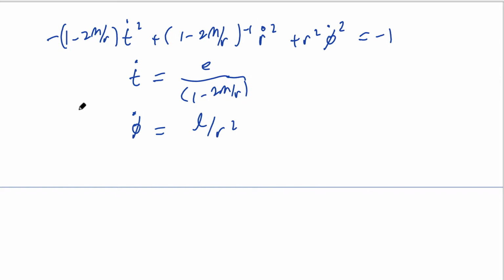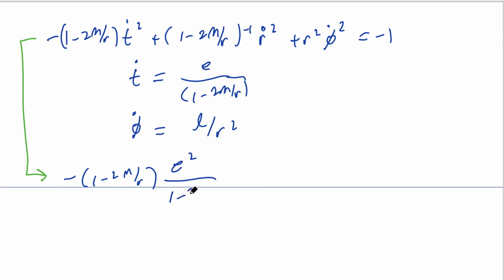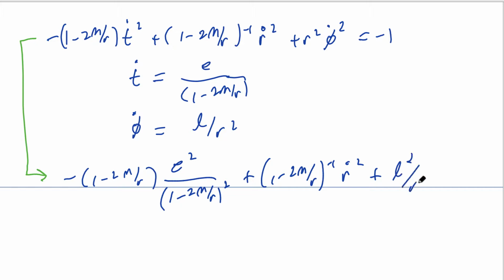Now let's use the second and third equation to simplify this first equation. So this becomes minus (1 minus 2m over r) times t dot squared, which is little e squared over (1 minus 2m over r) squared, plus (1 minus 2m over r) inverse r dot squared plus r squared phi dot squared, where phi dot squared is L squared over r to the fourth, so this is L squared over r squared, equals minus 1.